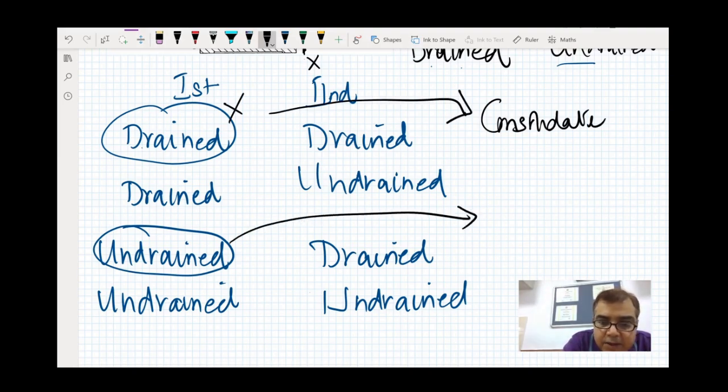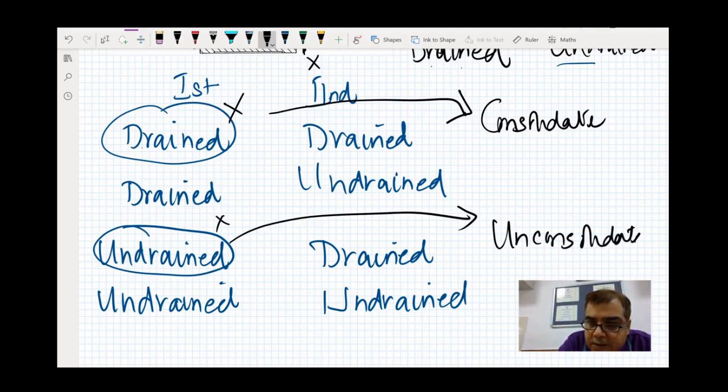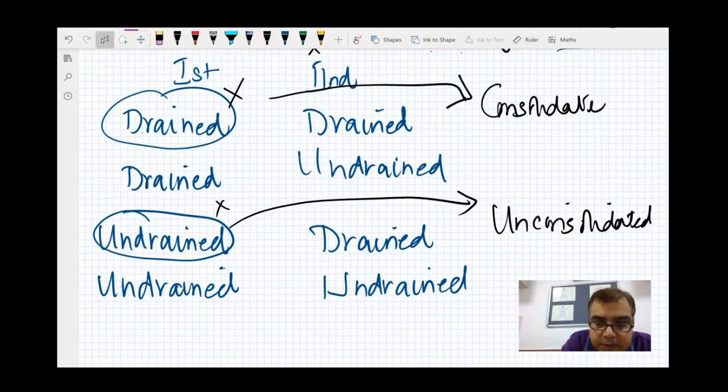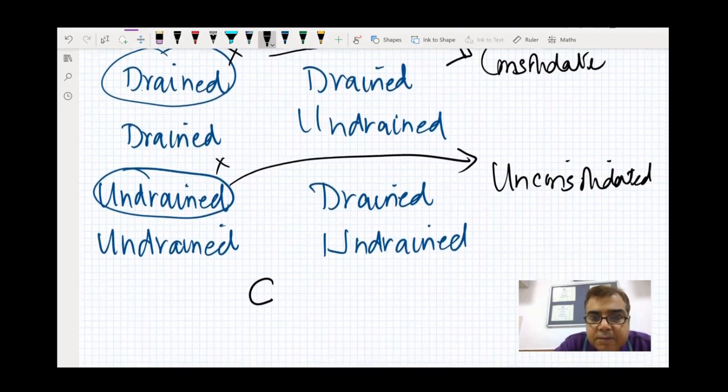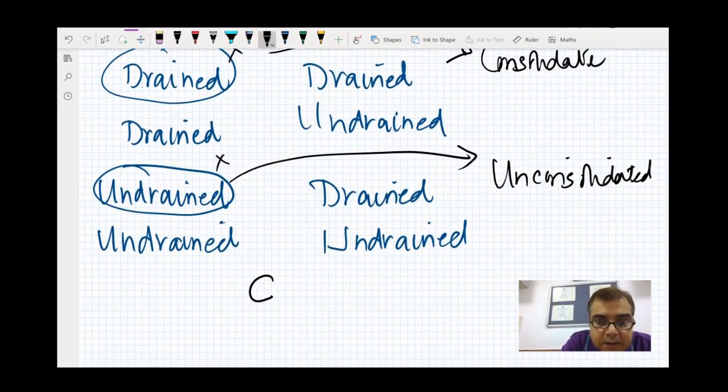For undrained, I replace this with unconsolidated. Right? That makes it easy to understand. So I have C from the first stage, and D from the second stage, that's the first one.